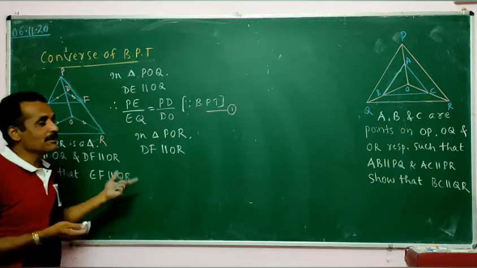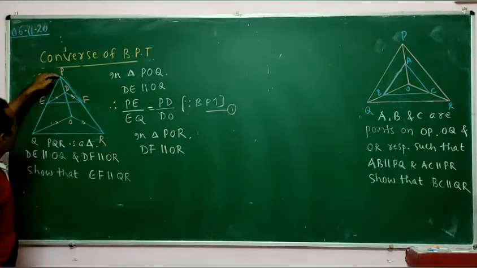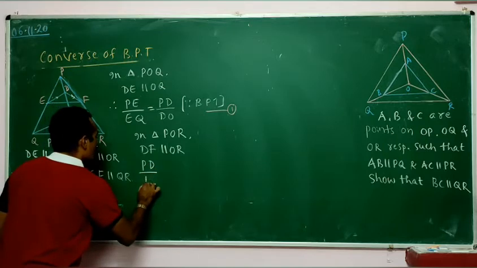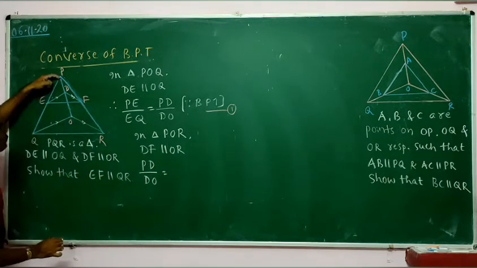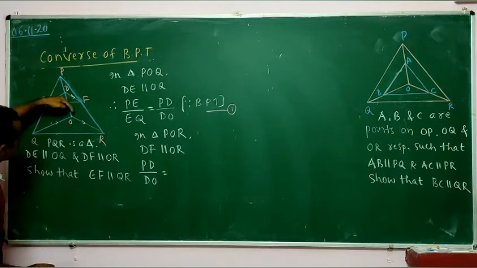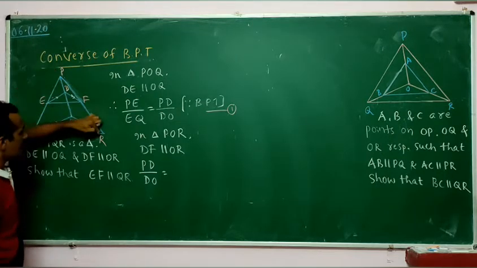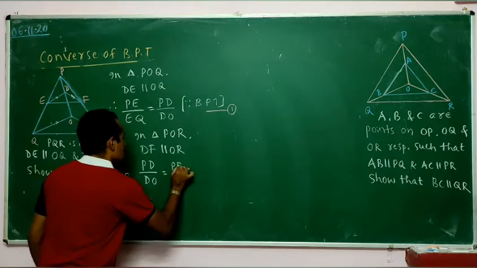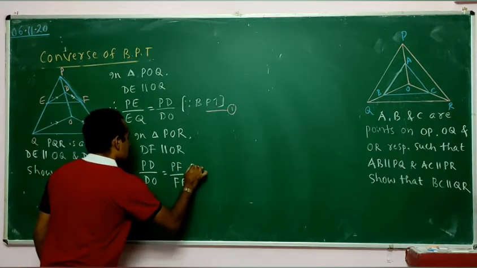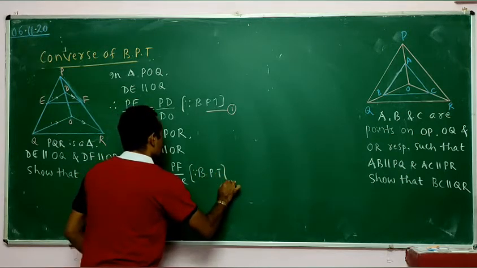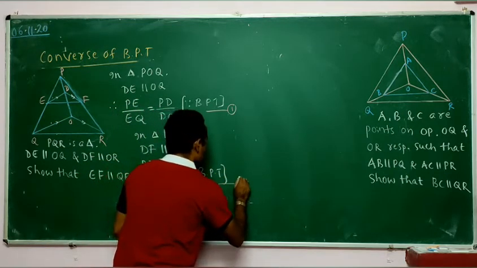Now I have to apply the BPT. Therefore, PD divided by DO is equals to PF by FR. This is also because of basic proportionality theorem. Call this as equation number 2.